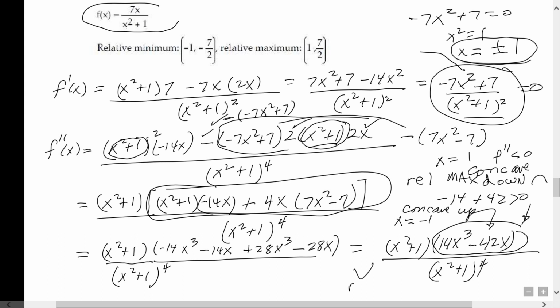That means it's a relative minimum. And so if you plug in x equal 1 in the function, you get 7/2, which is a relative maximum. Plug in minus 1 into the function. It is a relative minimum, and the value is minus 7/2.